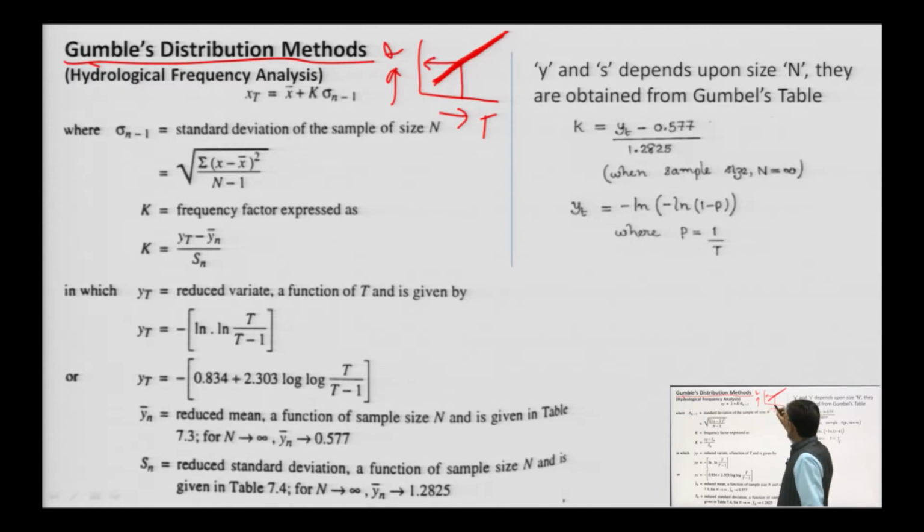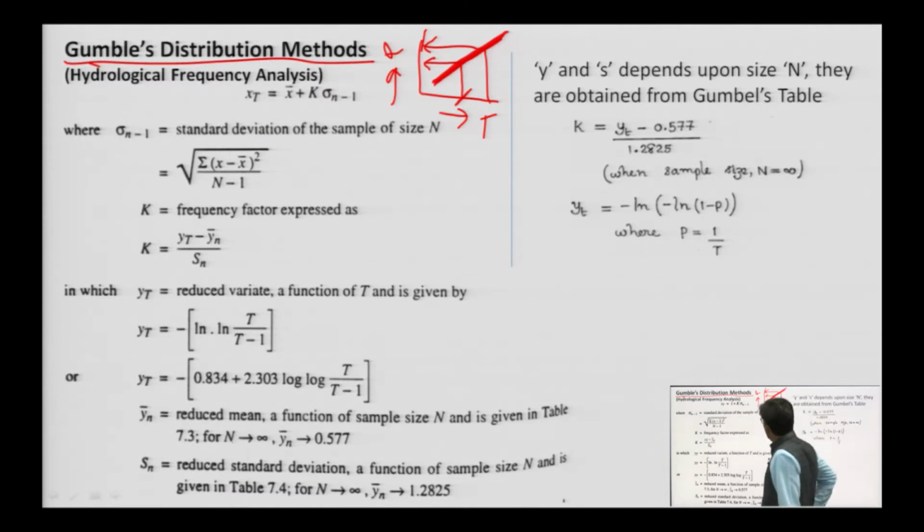But if the data is too long, then we cannot simply interpolate. So, we need some methods proposed by the researchers. Gumbel's distribution is one of them.